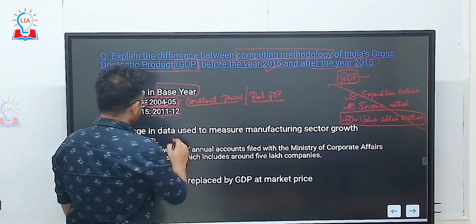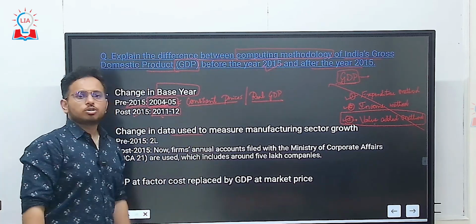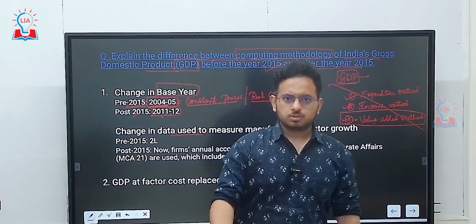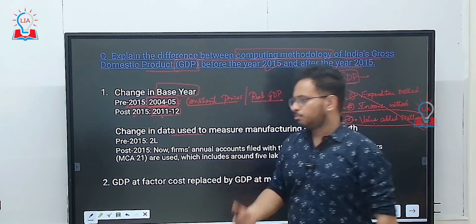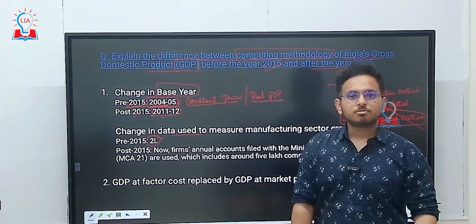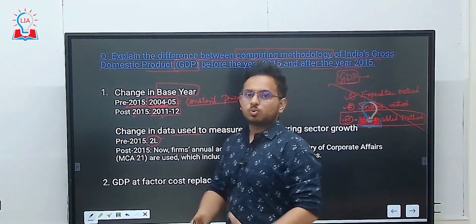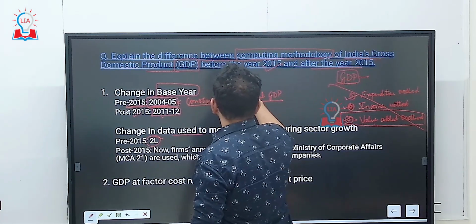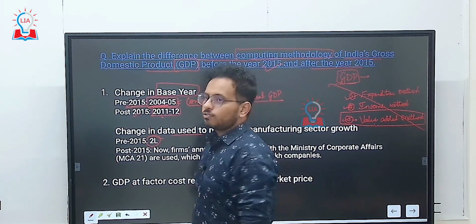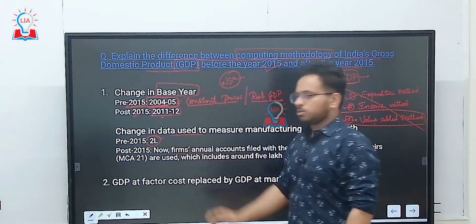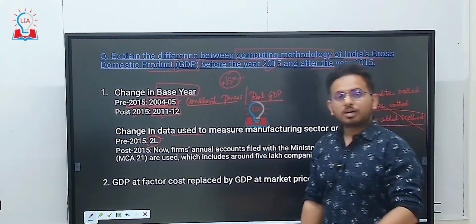Second one, changes in the data used. Before 2015, the number of firms taken into account for the calculation of the country's GDP was 2 lakh firms, and the data from these 2 lakh firms were taken by an institute called NSO, which works under the Ministry of Statistics and Programme Implementation.